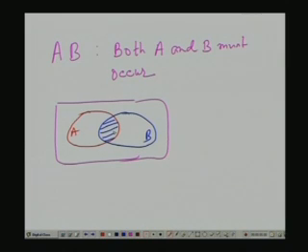If A and B are mutually exclusive, that is, if AB is the null set, that means there is no overlap between the two. In that case, the events A and B cannot take place simultaneously. If A takes place, B cannot, and if B takes place, A cannot.